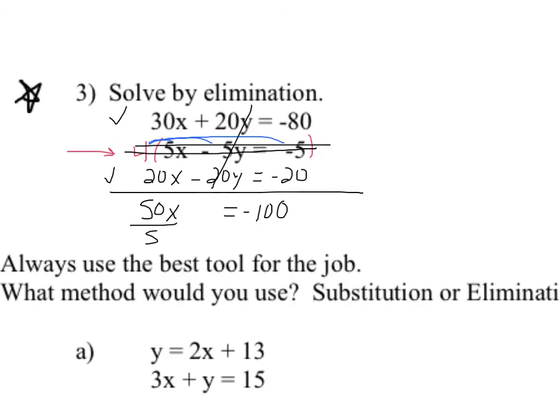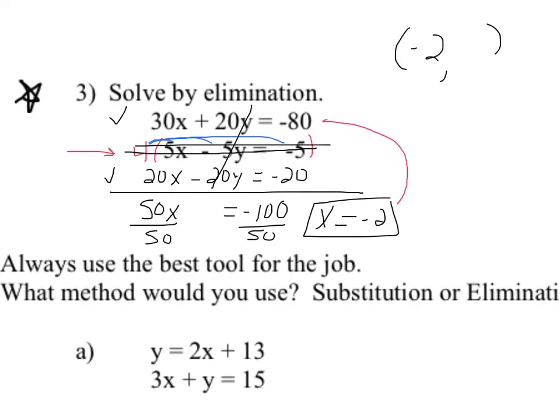Divide by 50, and x equals a negative 2. So again, we're looking for a coordinate, and we just found our x. So I can take that value, plug into either of these equations. I can actually even plug it into this one if I want, but again, arbitrarily, I'm just going to plug it into the first one.